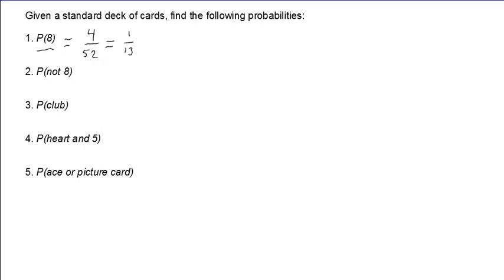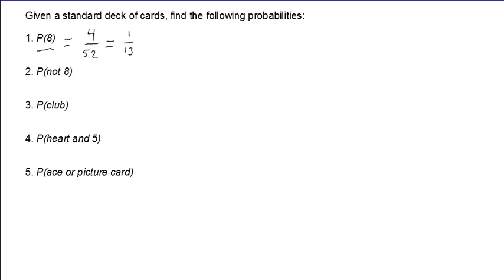Problem number 2 says, what's the probability that my card is not an 8? There are 2 ways to approach this problem. The first way is we could go back to our deck of cards and count up all of the cards that are not an 8. Sometimes that is a great thing to do. Other times that takes more effort than simply noting the following property.